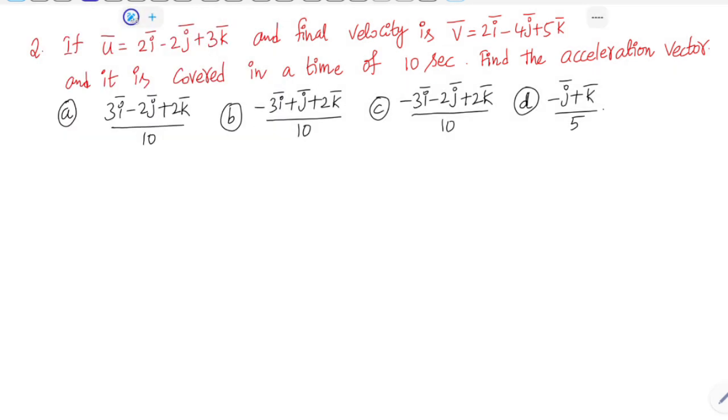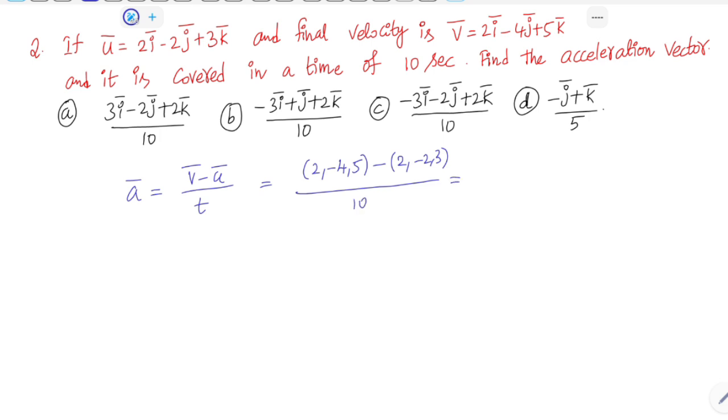First, we need to know that acceleration vector is rate of change of velocity. Rate of change of velocity means final velocity vector minus initial velocity vector by time taken. Now I am writing final velocity in point form as 2, minus 4, 5 minus initial velocity vector in point form 2, minus 2, 3 by the time, which is 10 seconds.